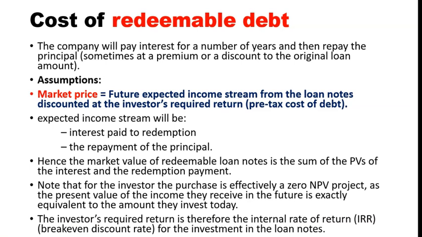Now if the debt is said to be repaid either at a premium or at a discount, we are simply saying the repayment would be above or below par. So for example, if it is going to be repaid at a premium, then the repayment is going to be done above the $100 nominal.